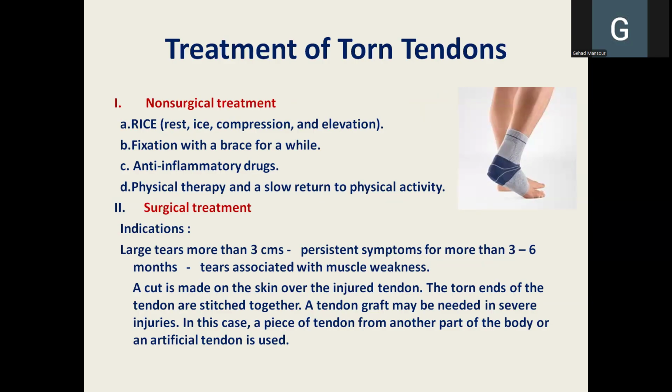And RICE is an acronym that stands for rest, ice, compression, and elevation. Of course, the main purpose of all these 4 components of RICE is to minimize the blood flow to the tendon for a while in order to minimize the swelling, the heat, and the pain.